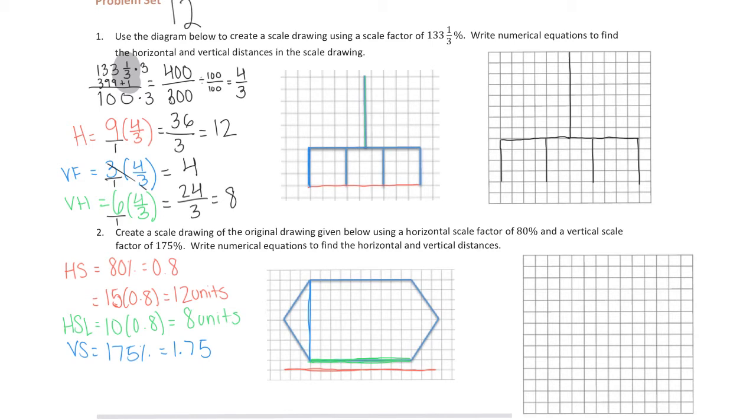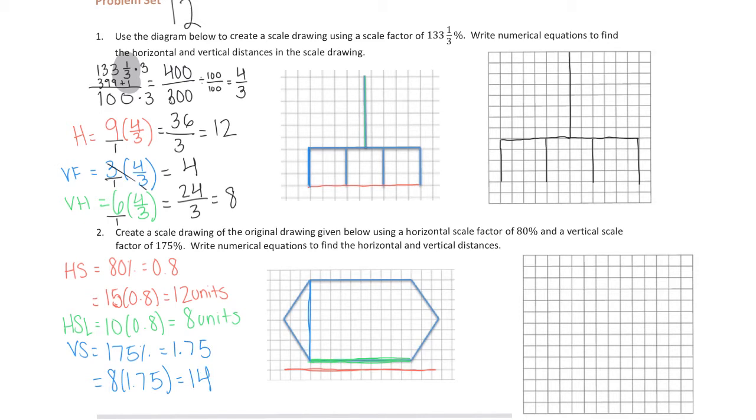And that's going to be 1, 2, 3, 4, 5, 6, 7, 8. So now for my vertical scale factor, I'm going to have 8 times 1.75. Go ahead and plug that into your calculator. And the answer you should have got is 14.